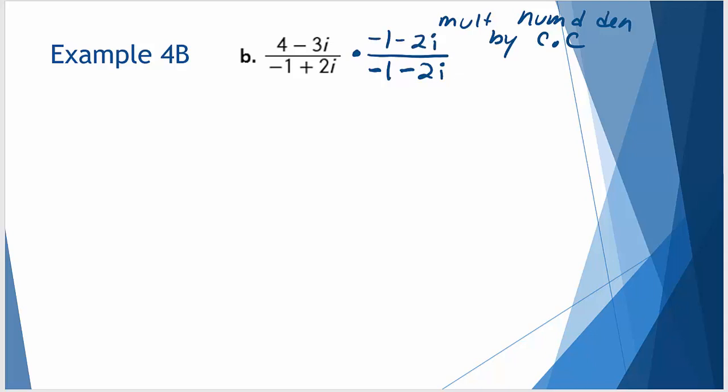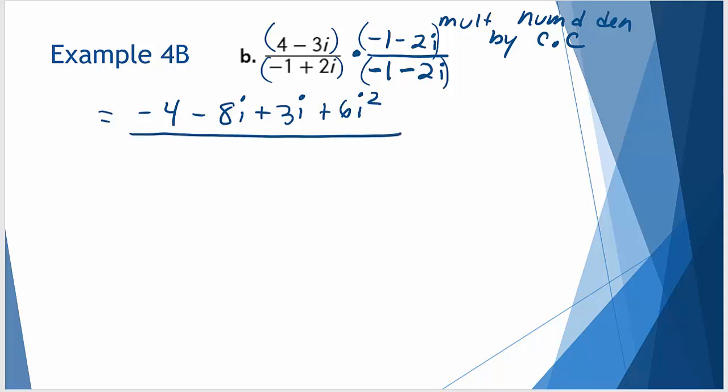And the key is we're multiplying the top and the bottom by the complex conjugate. So when we multiply the numerator, we get 4 times -1. The outer is -8i, 4 times -2i. The inner is positive 3i. And the last is -3i times -2i, which is positive 6i squared.